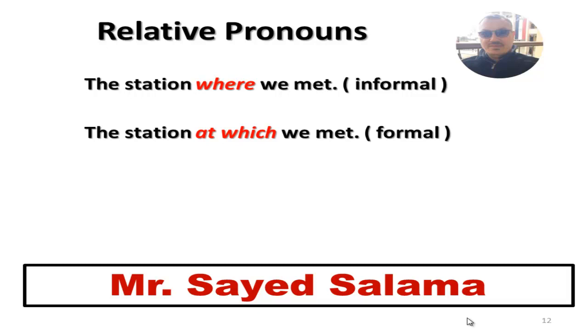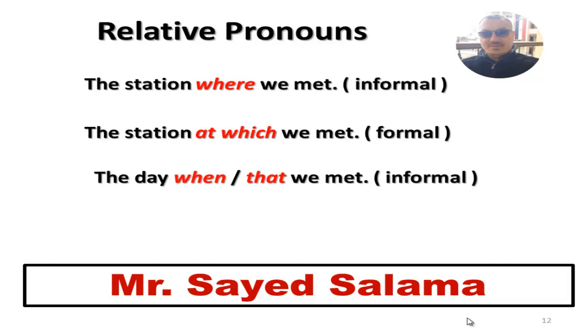So both are correct. But there is a slight difference in meaning. The station where we met is informal English. But the station at which we met is formal. This is used in written English.